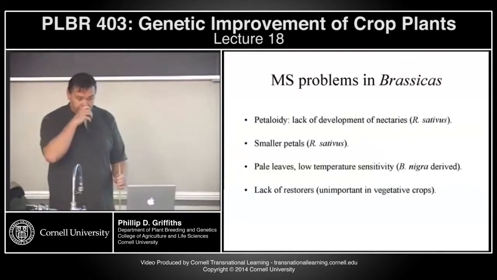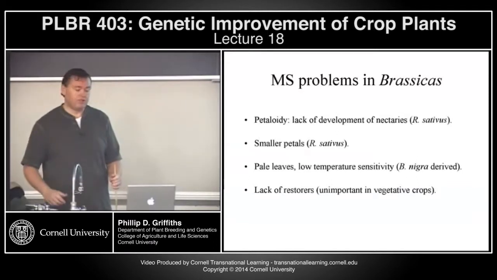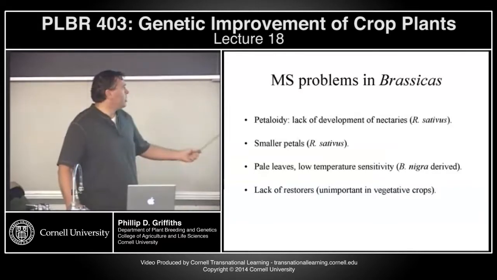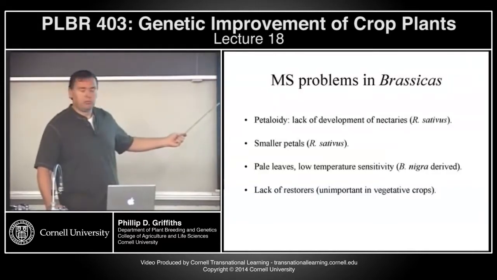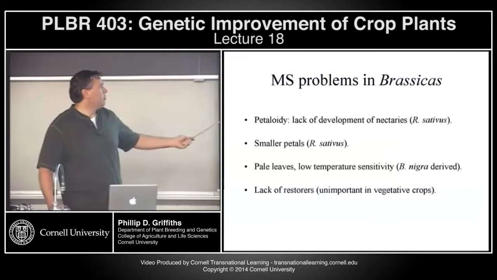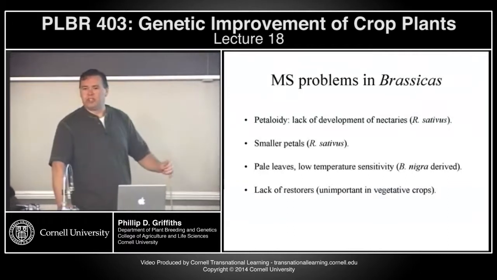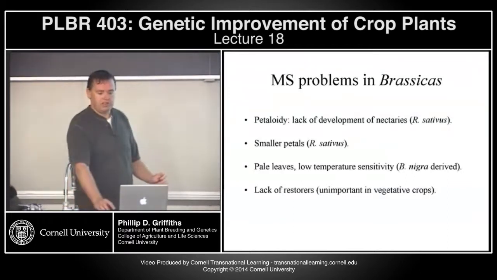This results in really low seed set and really inefficient seed production. We can also end up with smaller petals or smaller flowers, some temperature sensitivity, and in some cases, we may not have a restorer gene that will work with the male sterile system.